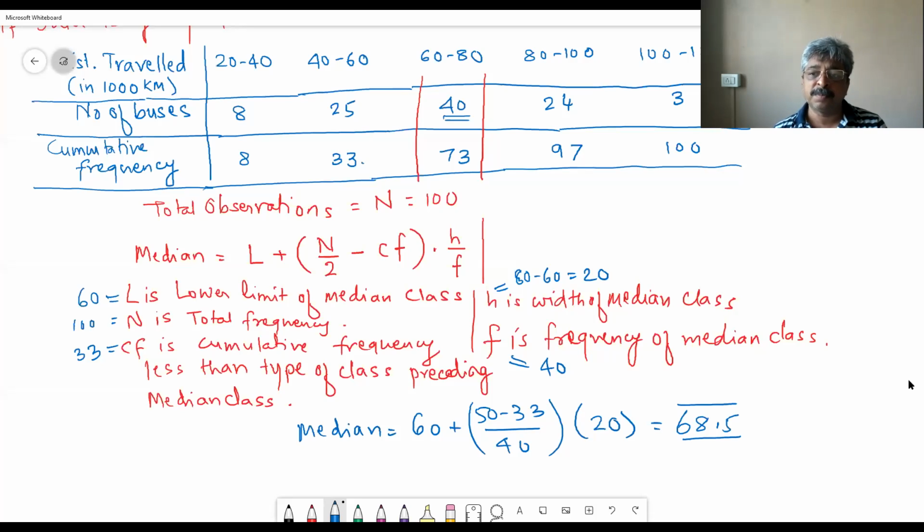So 68.5 is the median, the middle one. Any questions?